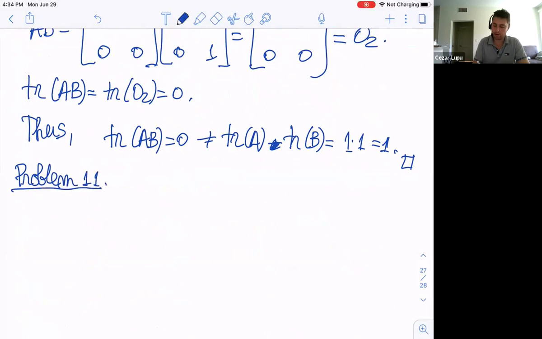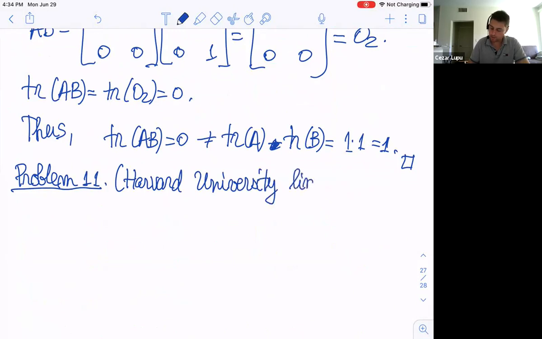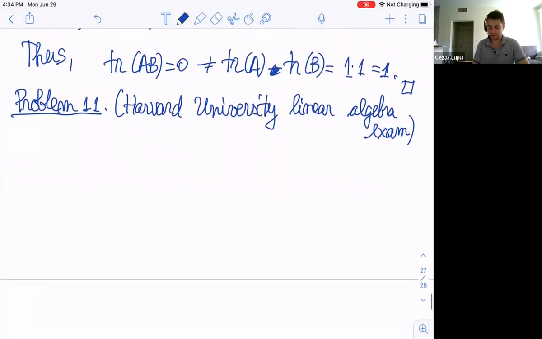This was given at the Harvard University linear algebra exam. I don't recall which year, but probably a recent one. Somebody showed it to me, and I thought, that's a nice problem. Maybe I should give it to my students.